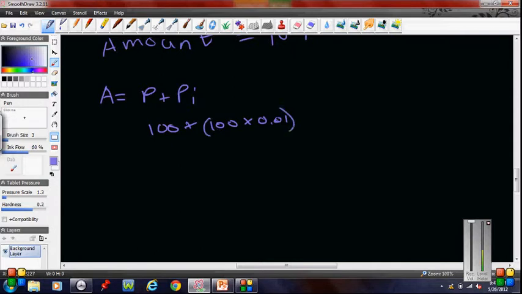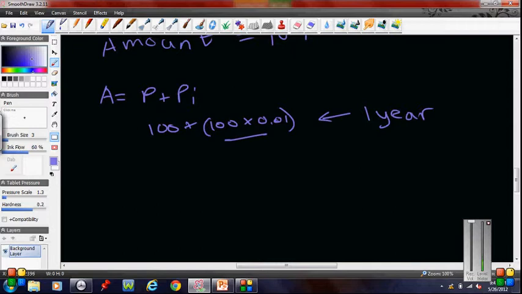So now we have to introduce the factor of time into this equation, and we can do that really easily, because simple interest is really simple. After 1 year, this is the amount after 1 year, you have this much. Then after 2 years, you should have how much?